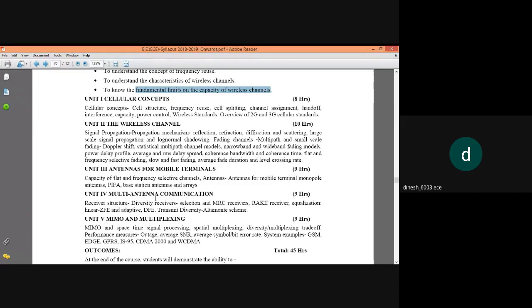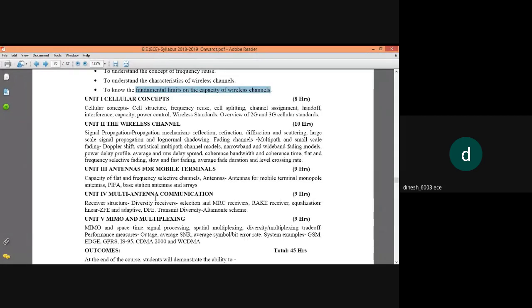Then how a cellular structure is formed, how frequency is being reused, cell splitting, handoff strategies, power control, and so on.